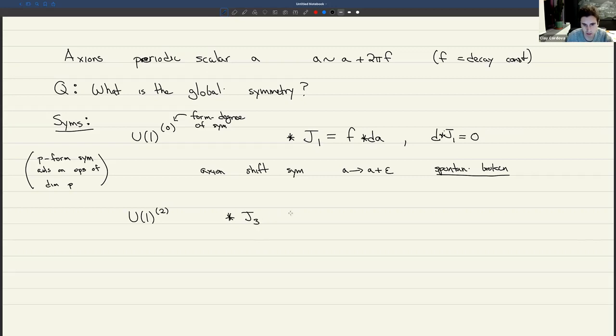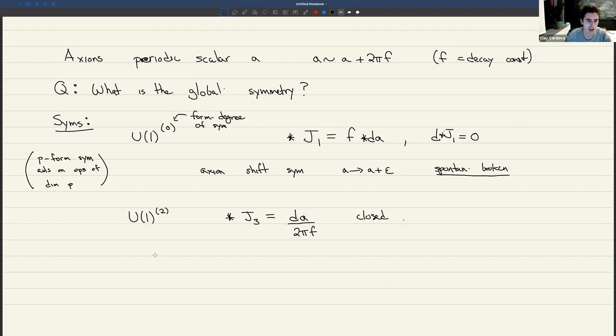So I'll write the Hodge dual of it, which is just dA. And if we want to be conventional and get integer charges, we'll put 1 over 2 pi f. Of course, this is tautologically closed. So that current is conserved.